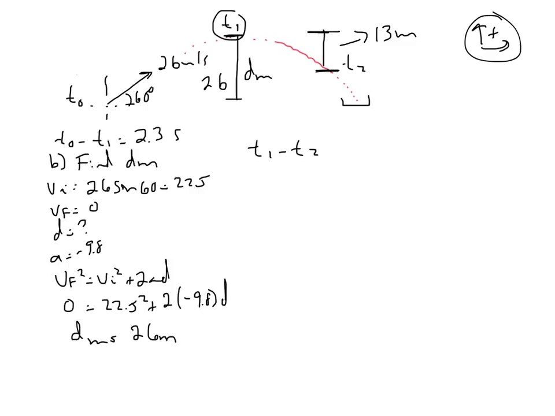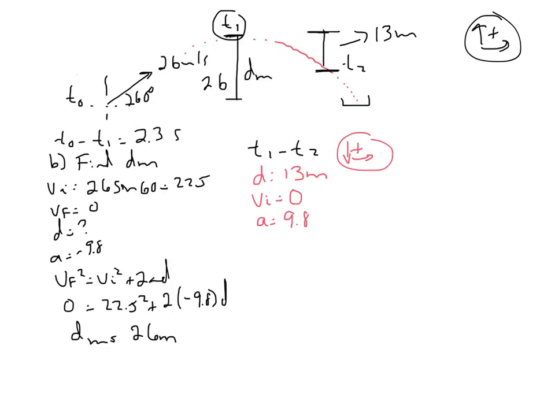Okay, so let's write again our variables. So distance, the distance that it's going to fall is going to be 13 meters. We know the VI is going to equal to 0. We are now going to change our assigning of positive and negative. Okay, and we can actually do this. So we're going to say down and to the right now is positive to make things easier. VI is 0. Acceleration is now positive 9.8.